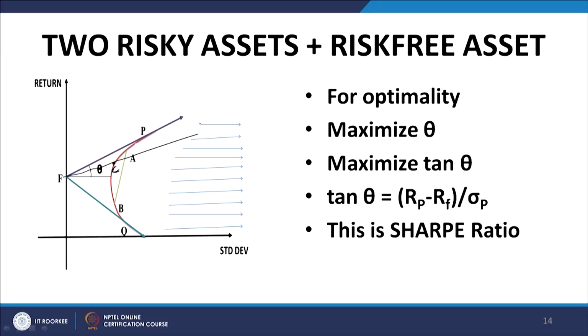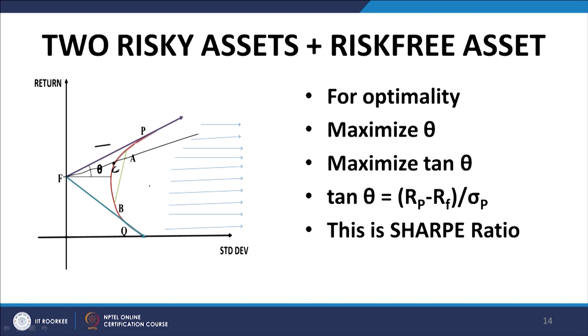And what happens beyond C along the straight line? You start borrowing at the risk free rate and you start investing in C. So, this is how any point in this region can be achieved by using a combination of A, B and the risk free asset F.